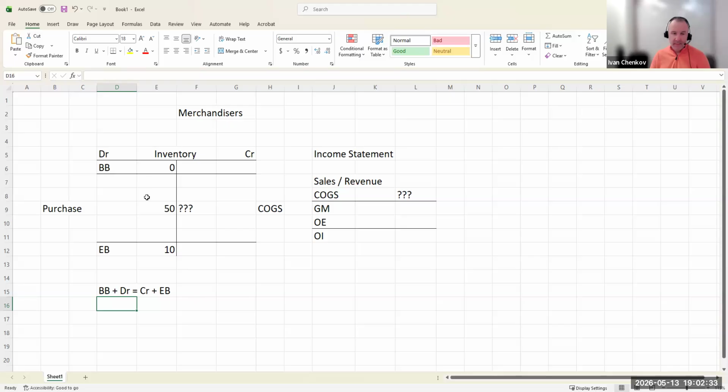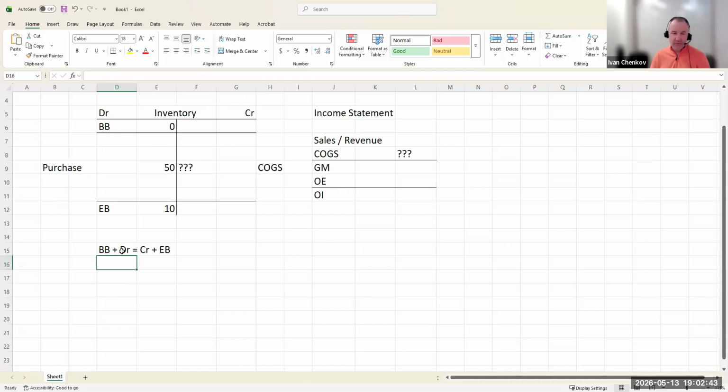Now, to adjust this formula, beginning plus debit equal to credit plus ending balance, to our reality here, we have to replace debit with purchases, credit with cost of goods sold, and ending balance is ending balance.